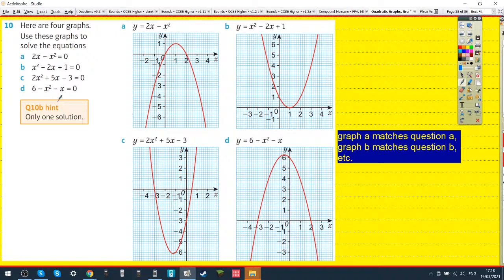Bit confusing. So it's very similar. So if you wrote it the other way around, 2x minus x squared equals y. 2x minus x squared equals 0. Use the graph to solve it, so you don't have to do it algebraically.